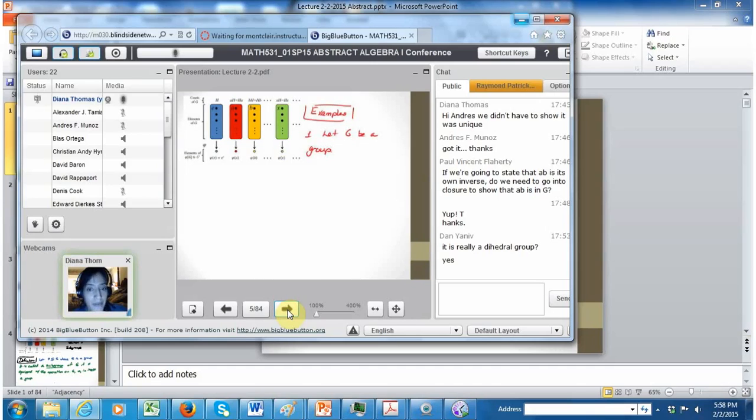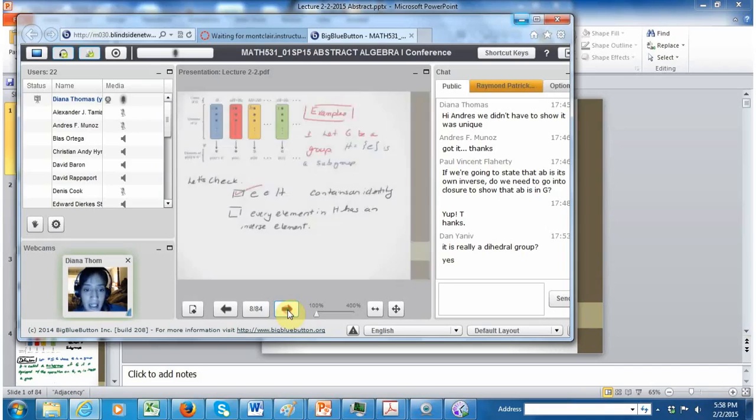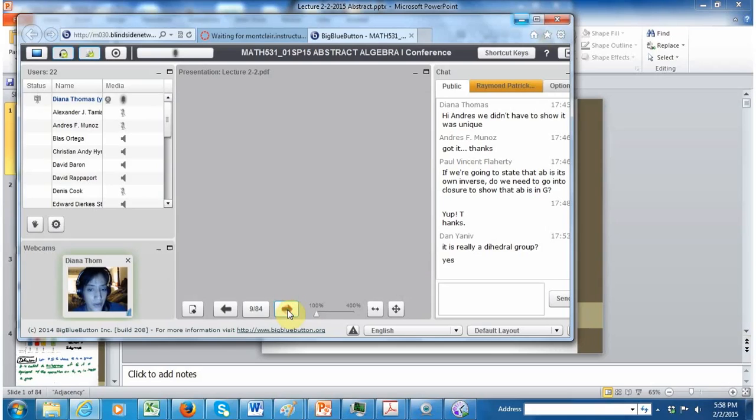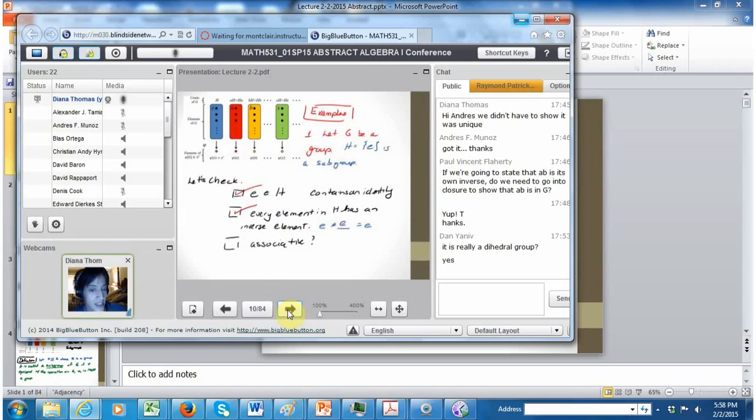So for example, if I have a group G, just the identity by itself forms a subgroup because the identity is in there. That's the first property of being a group. It contains an identity. Every element in H has an inverse element. Well, that's true because the only element is e, and e is its own inverse. And is it associative?